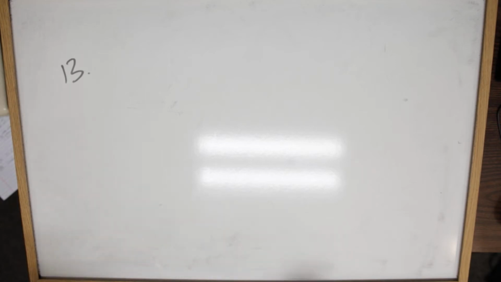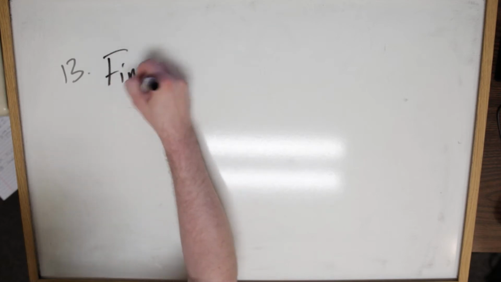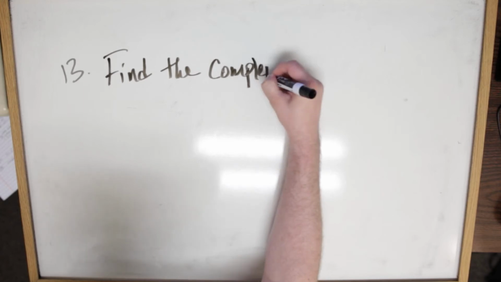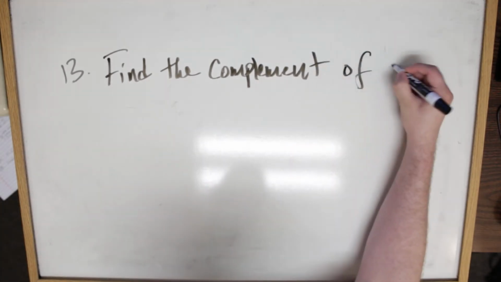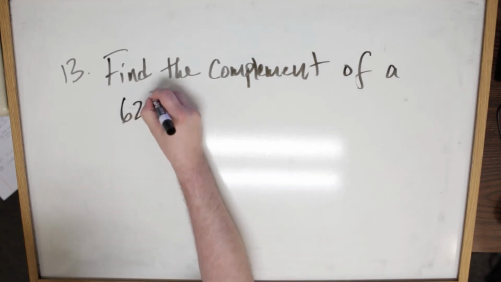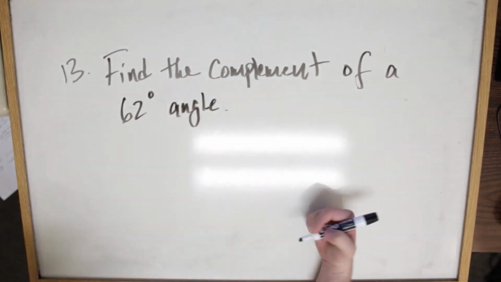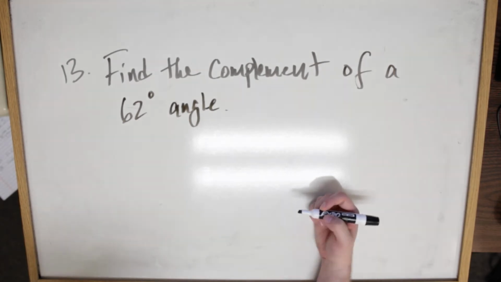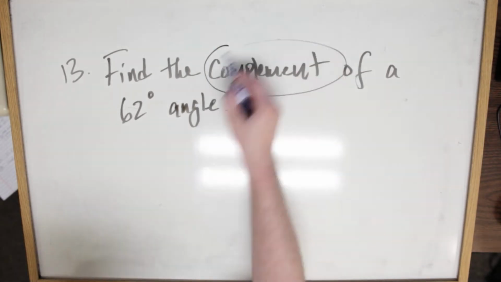So question 13, this one says find the complement of a 62-degree angle. The complement of a 62-degree angle. Okay, so the key word here is going to be complement.